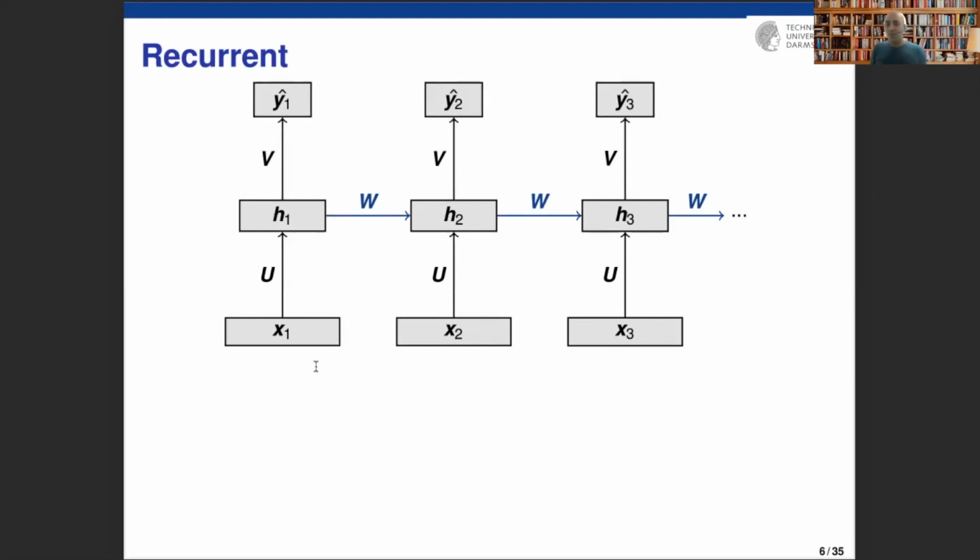So H2 represents, if X1 is A and X2 is Persian, the phrase a Persian, right?